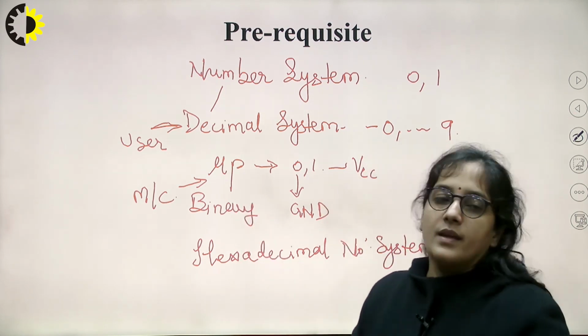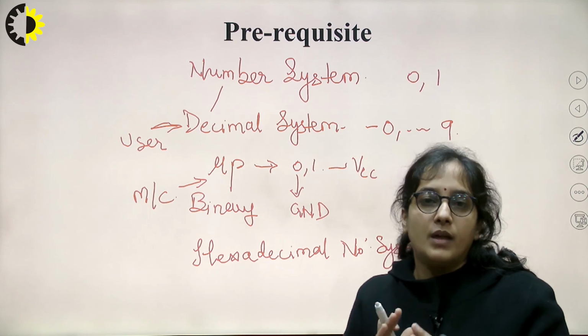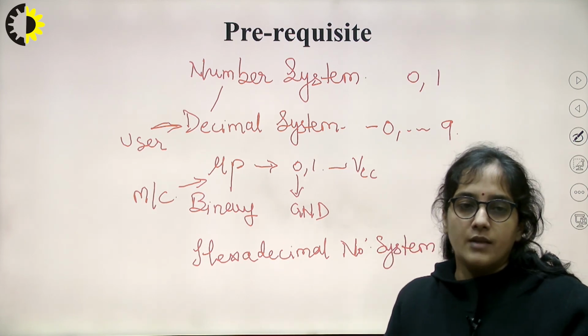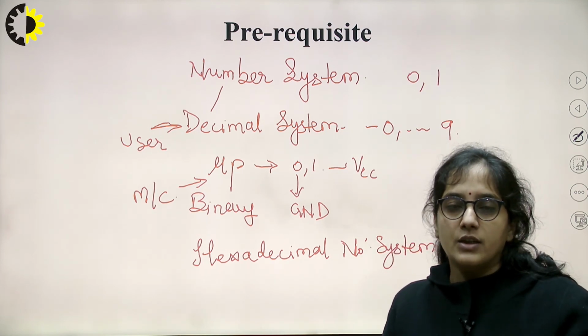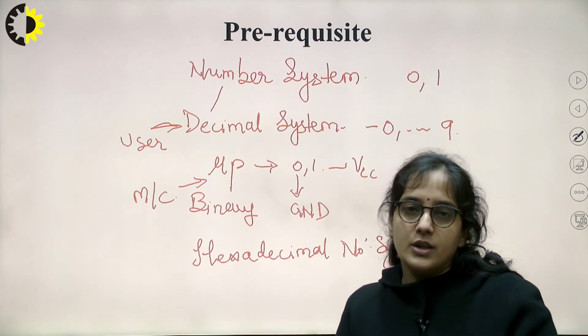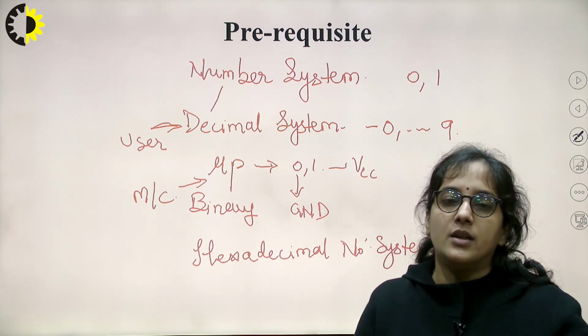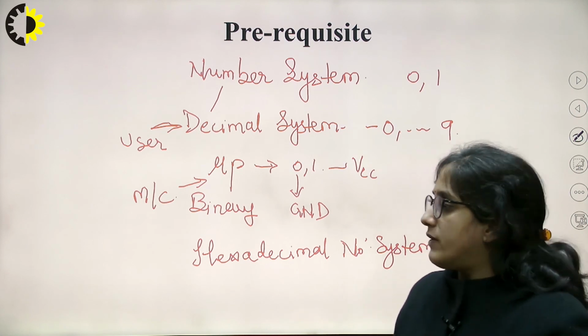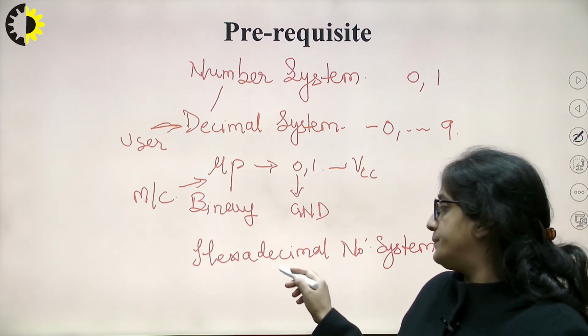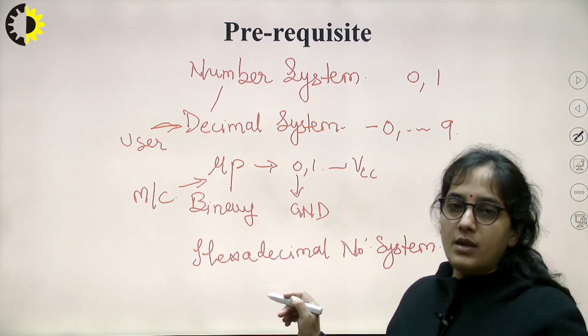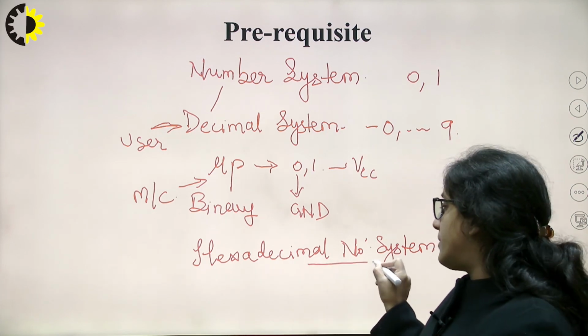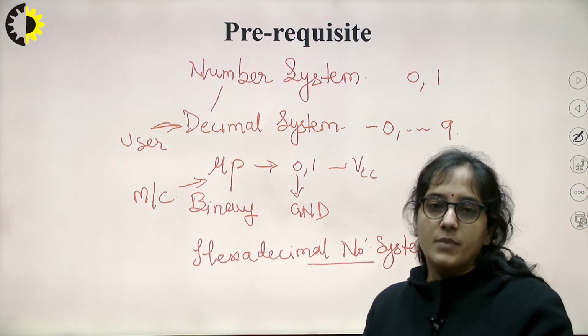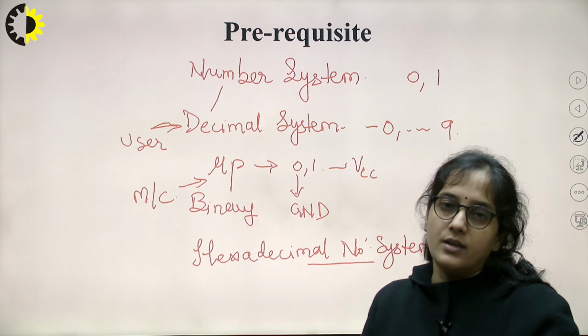So, we need a system in between, so that a user can also understand that language. We will use the hexadecimal number system, which is an intermediate number system between the user and the machine language.